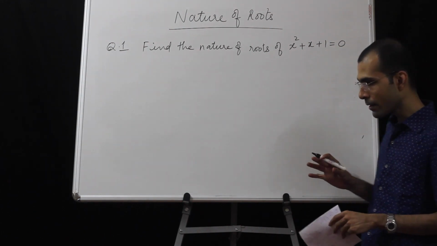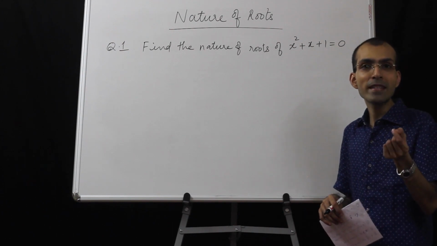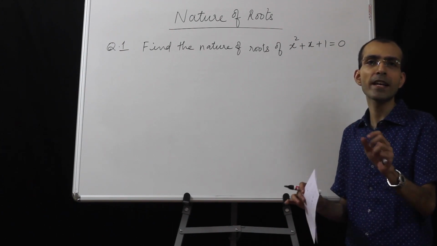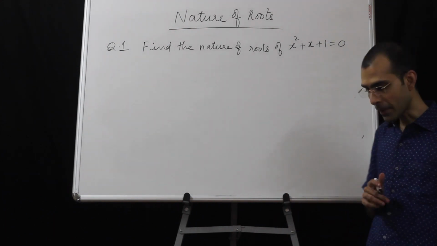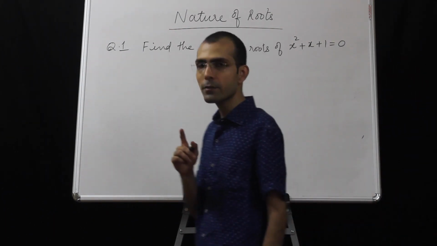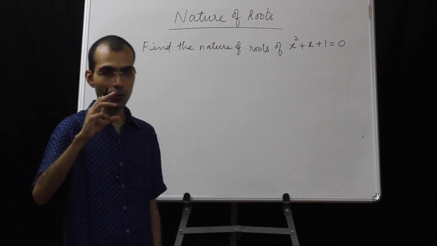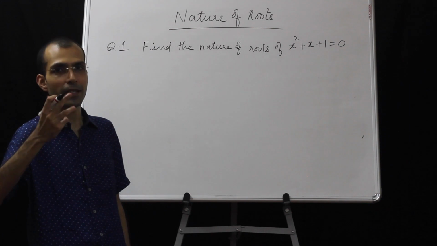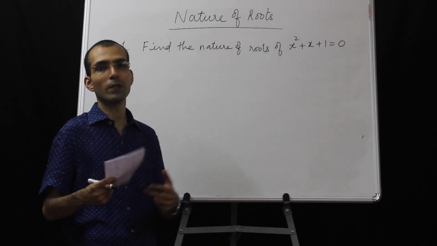So ultimately, without solving the equation means by using b square minus 4ac only and not that full formula. So b square minus 4ac is also known as the discriminant, with the help of which you can distinguish between the roots.